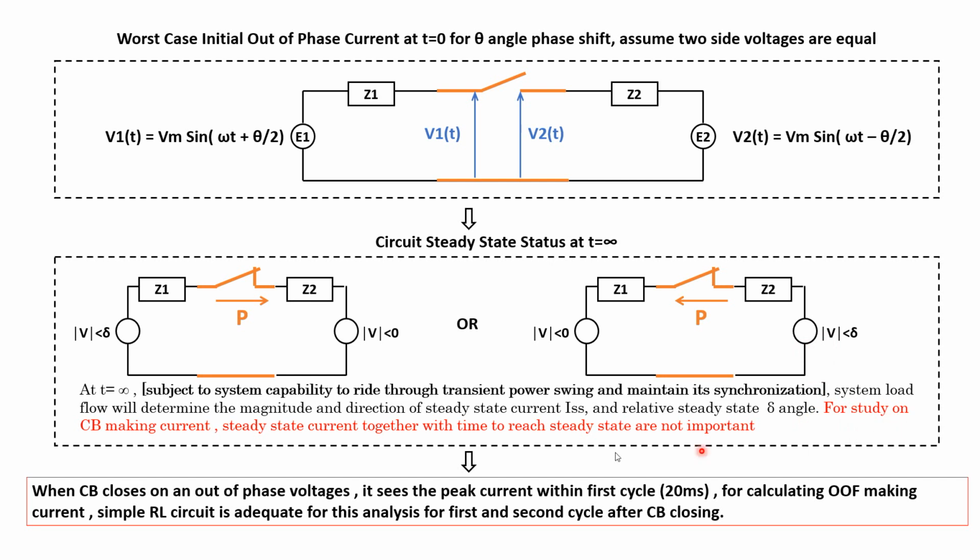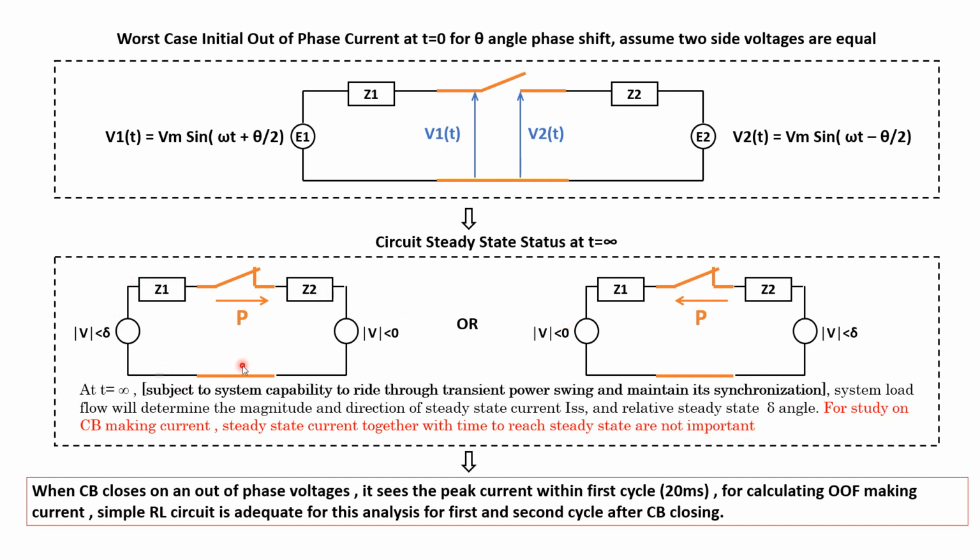Just keep in mind, for a study on the circuit breaker making current, which covers only the first or second cycle of switching the breaker, we are not interested in the steady state current, and the time to reach a steady state current is not important.